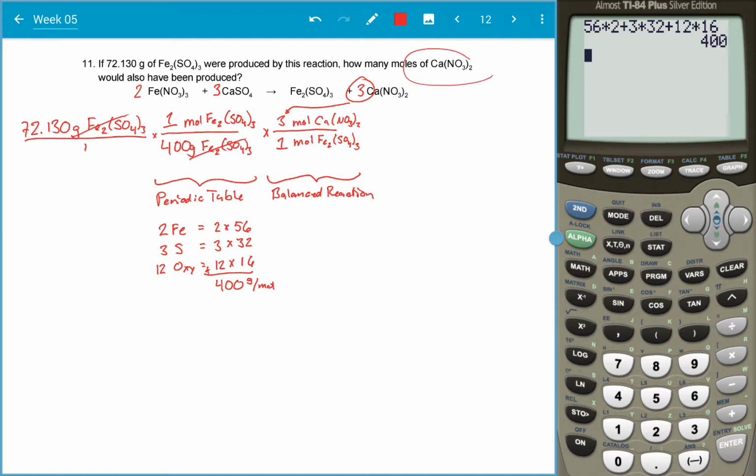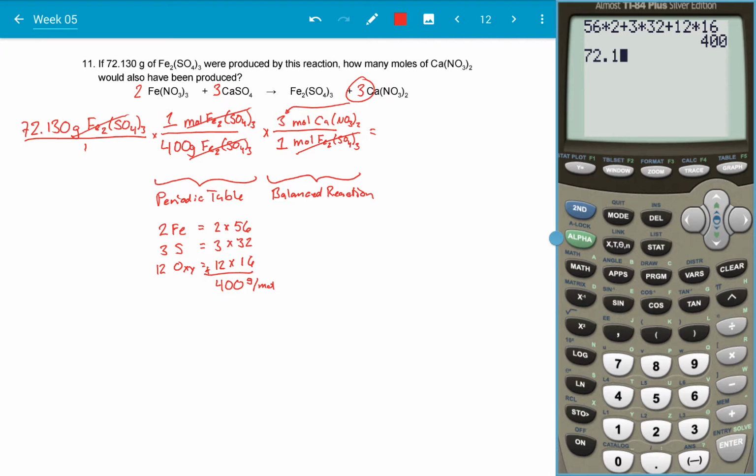Now, the problem asks for moles of calcium nitrate, and we are actually right now in units of moles of calcium nitrate. So, when the units match what the question asks for, we're going to be safe to pop in an equal sign and do the math.